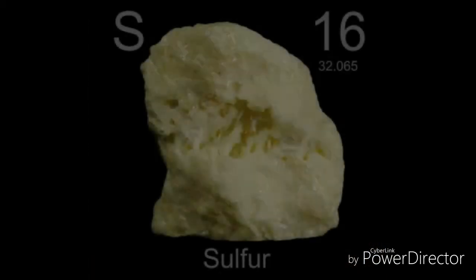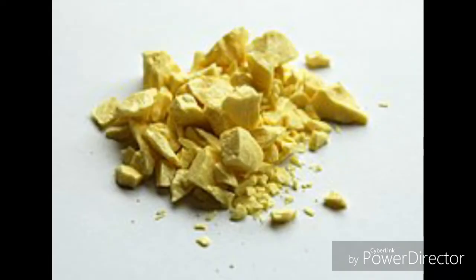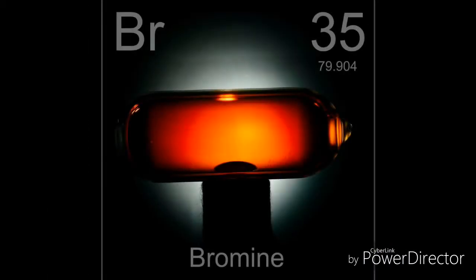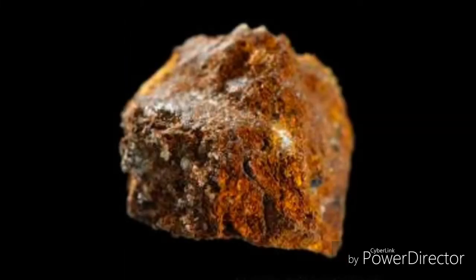Common sulfur is yellow. Bromine is a dark red liquid. Those are just a few examples of different colors with different chemicals.